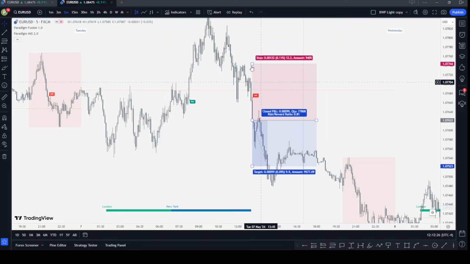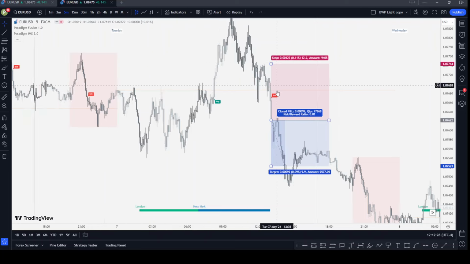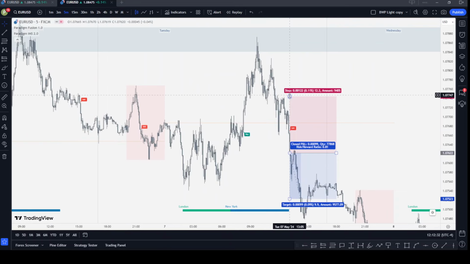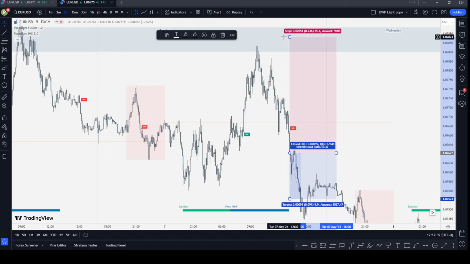So you could use that as your stop loss, or if you want to be very safe, you can simply place it above the high of the day. The high or low of the day is the safest place you can place your stop loss, right? That's the clear level where you know that the trade you took is wrong.